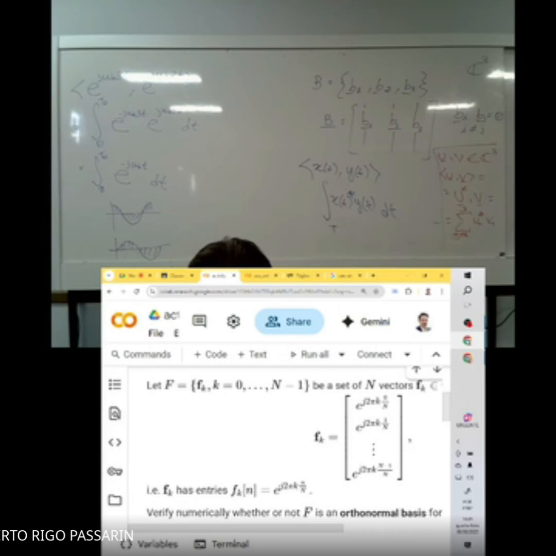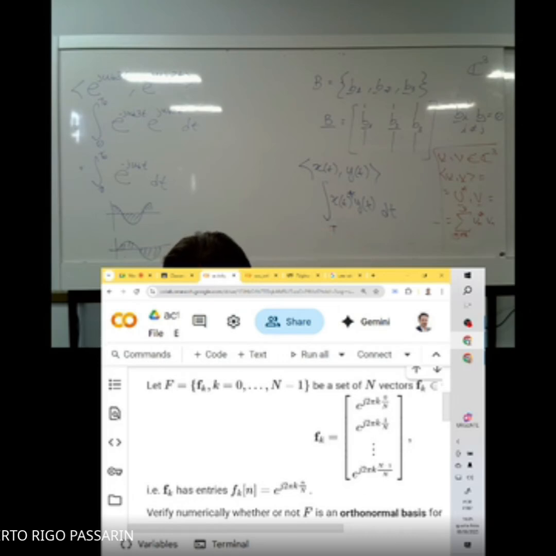And this is how you compute the vector. E to the j 2 pi. K indicates which vector I'm talking about. K goes from 0 to 19. And n also goes from 0 to 19, and tells me at which entry of the vector I am in.